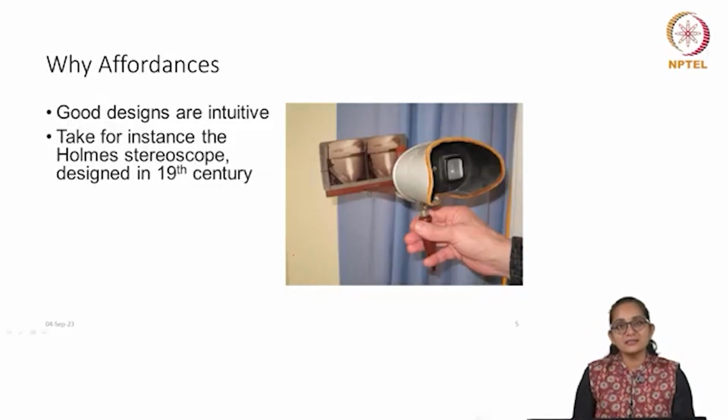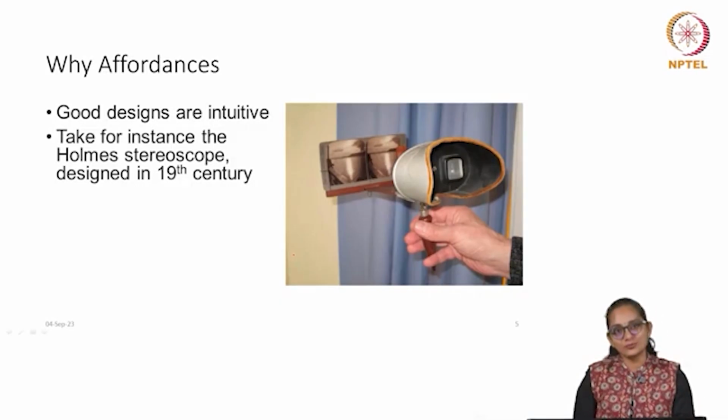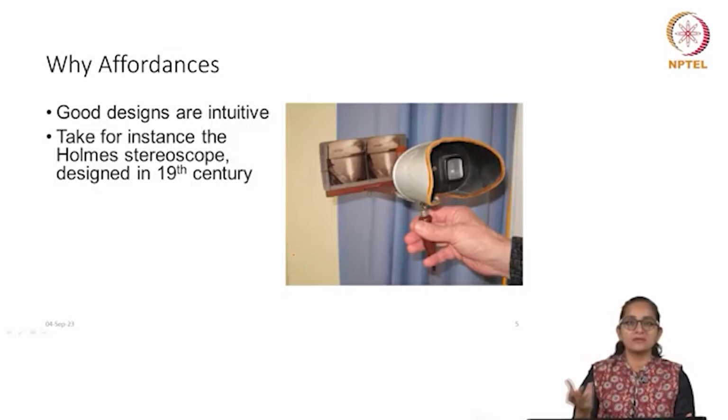So, the design itself is able to tell you that this is how it is supposed to be used, even though you do not know what a stereoscope does, even though you do not know what to look for once you are inside it, you do not know who Holmes was, you are not living in the 20th century, in fact we are alive almost 200-300 years after this product was invented.